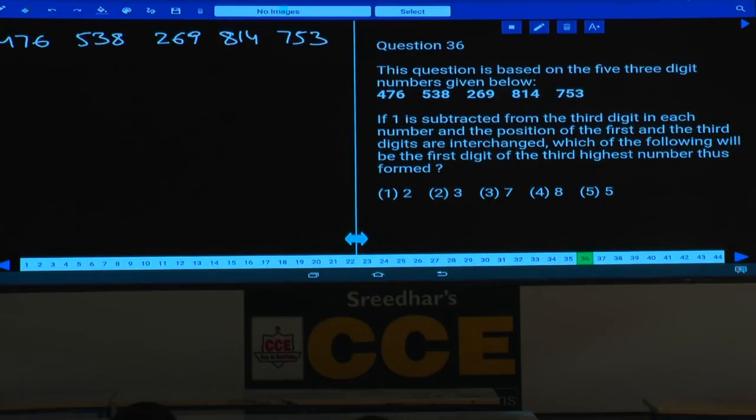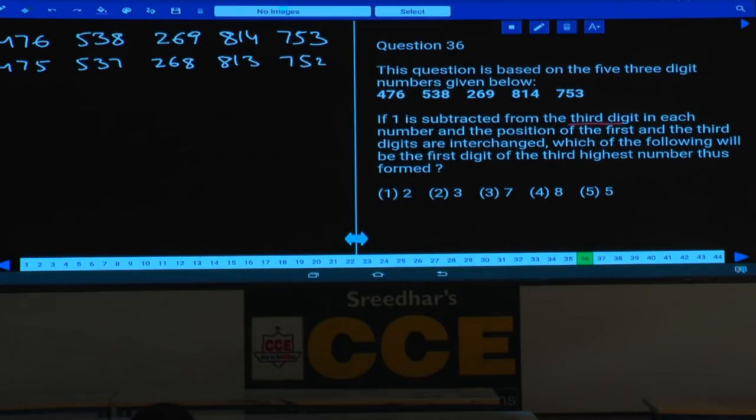Then among these, 1 is subtracted from the third digit in each number. And in each number, 1 is subtracted means, now this will be 475 and this is 537. Now this is 268, now 813 and 752.